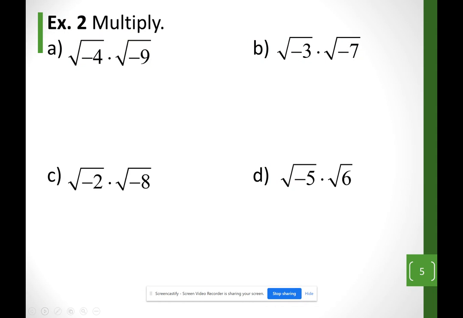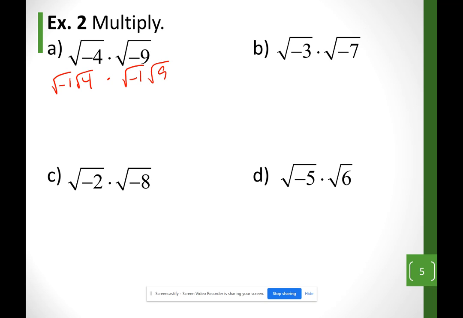So let's take a look at an example. Like I said, I'm not going to multiply my numbers on the inside. I'm going to see each of them individually. The square root of -4, I see as the square root of -1 times the square root of 4, times the square root of -1 times the square root of 9.